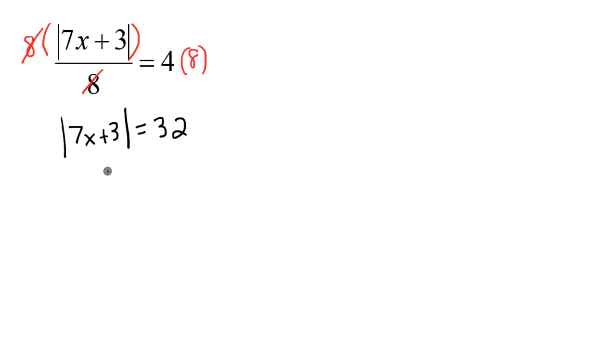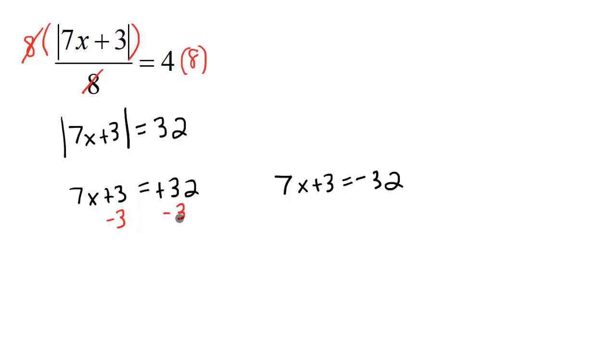So now we can do both of our versions. So we could take 7x plus 3 and set it equal to a positive 32, and then we take 7x plus 3 and set that equal to a negative 32. Okay, and let's just work on solving this. So I subtract 3 from both sides over here, that cancels.